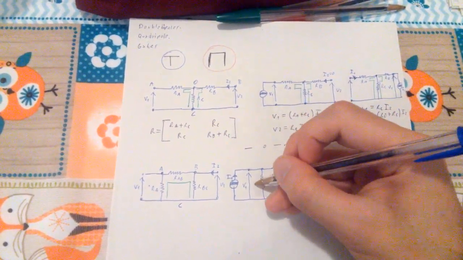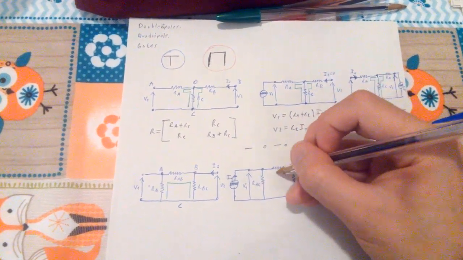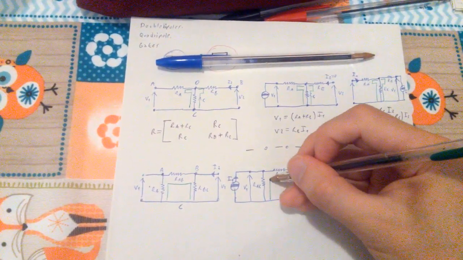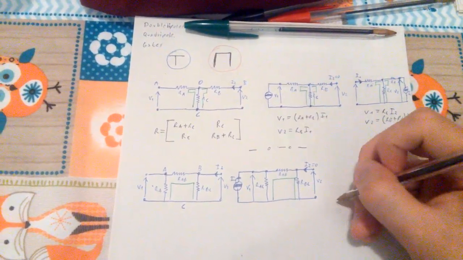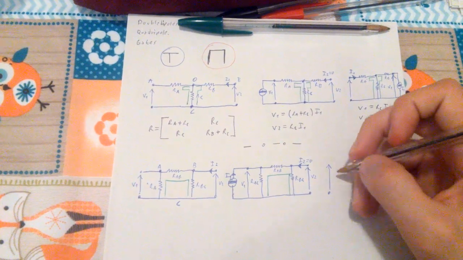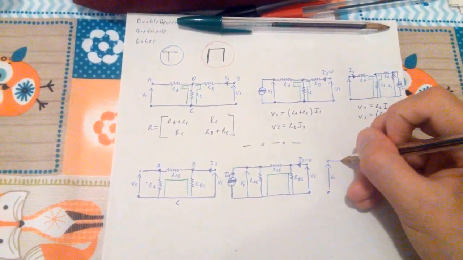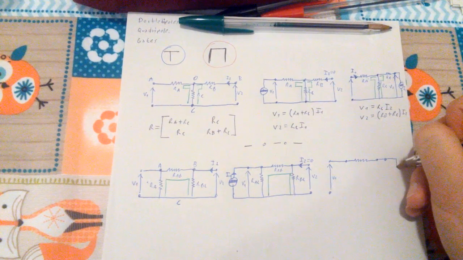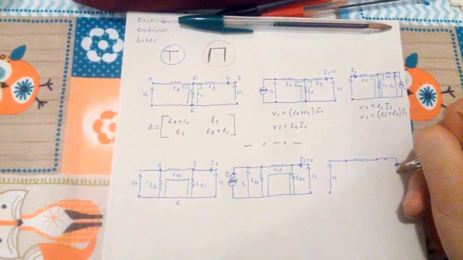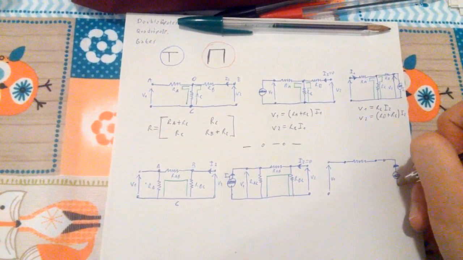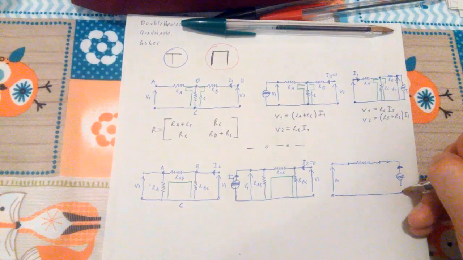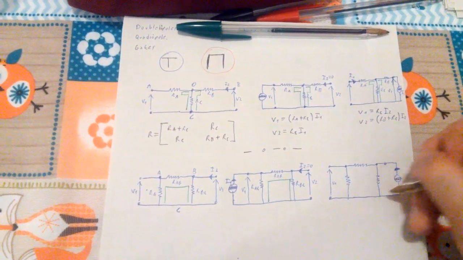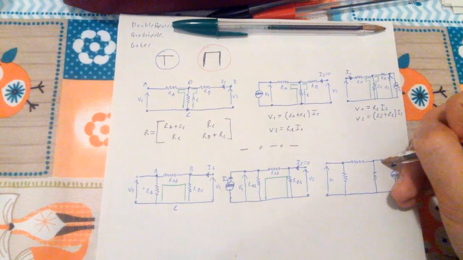I will call this RAC, RAB, and RBC. And again, we have the big fat pi, and here again we'll have B1, a resistance here in the middle, and current flowing through here, and the power supply, and something connected down here, and then a resistance, and then another resistance, and this one will be my V1, and this one will be my V2.